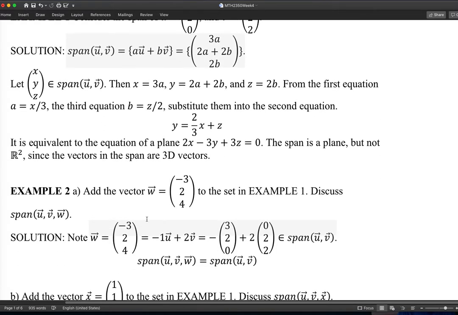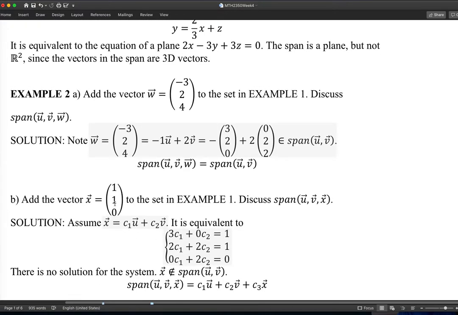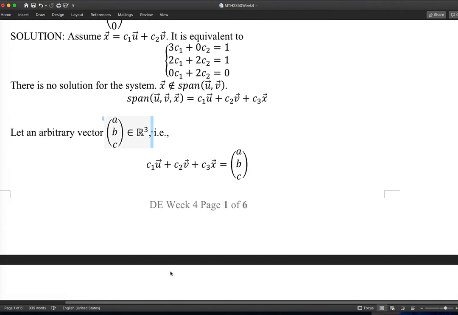So this W, if you remember, is from example 2 part A. W, indeed, is a linear combination of U and V. And when we see W is a linear combination of U and V, we say W is linearly dependent on U and V. And X cannot be written as a linear combination of U and V, and then we say X is linearly independent of U and V. So the next concept I'm talking about here is linear independence.